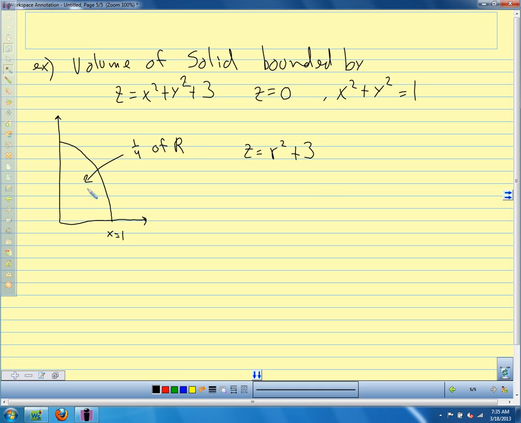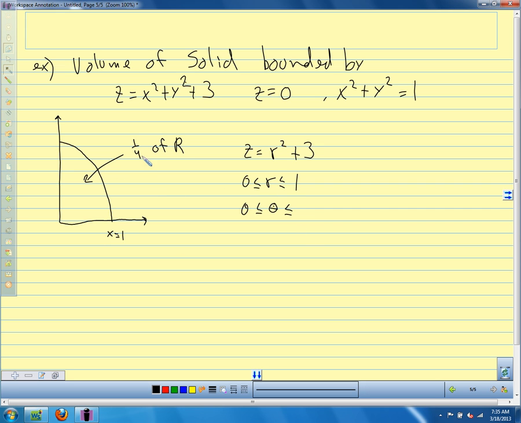In the xy plane, I'm going to say 0 is less than or equal to r, less than or equal to what here? 1. This gives us our region. And 0 less than or equal to theta less than or equal to 2 pi.